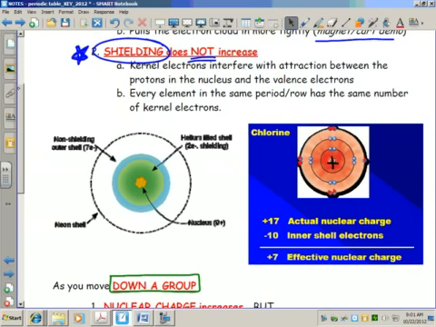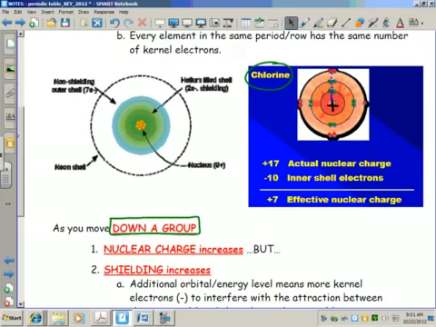And shielding is really a matter of what gets in the way of that attraction between this positive nucleus and those negative electrons. In the case of chlorine, what interferes with this attraction between the nucleus and the valence electrons happens to be 1, 2, 3, 4, 5, 6, 7, 8, 9, 10 what we call kernel electrons, inner electrons.